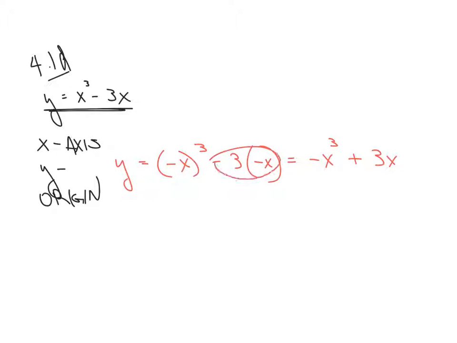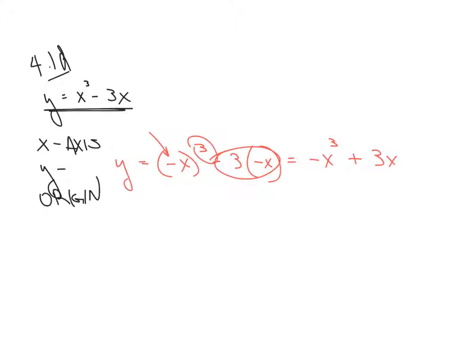Okay, so it's plus 3x because the negative 3 times negative x is 3x. Negative x times negative x equals a positive x, and it says do it 3 times. Negative times a positive is a negative, so that's where this one came from. Okay, just in case you needed a little bit of a reminder of where that came from.